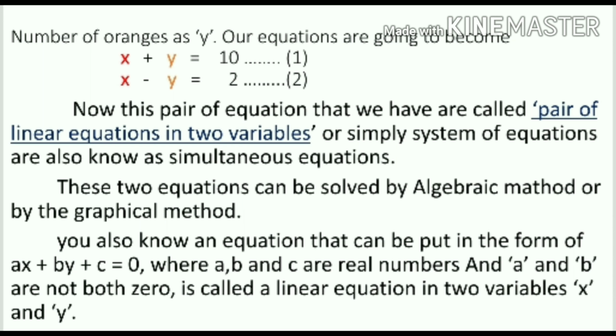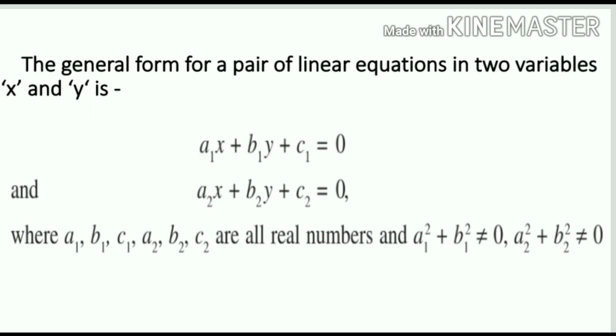These two equations can be solved by the algebraic method or by the graphical method. You also know an equation that can be put in the form ax plus by plus c is equal to 0, where a, b, c are integers. What is the general form of the pair of linear equations in two variables? Simple thing, there are two equations, so we use a1, a2, b1, b2 and c1, c2.